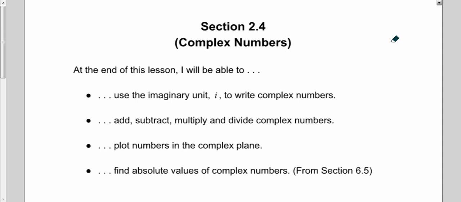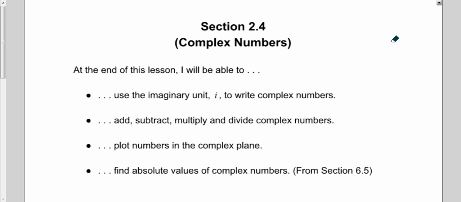Complex numbers. We're going to talk about arithmetic with complex numbers. We are going to talk about plotting complex numbers as well. So at the end of this lesson, I will be able to, one, use imaginary unit i to write complex numbers.